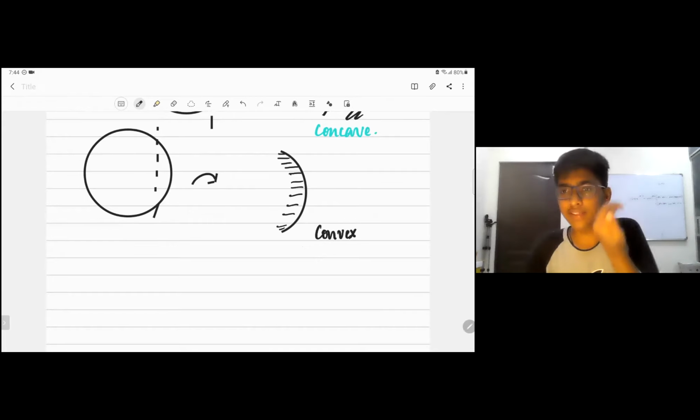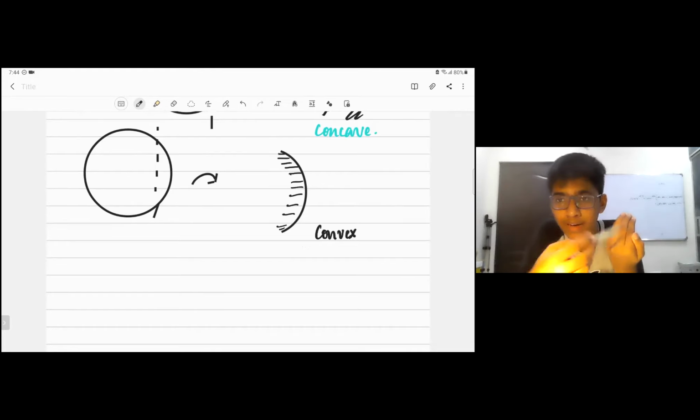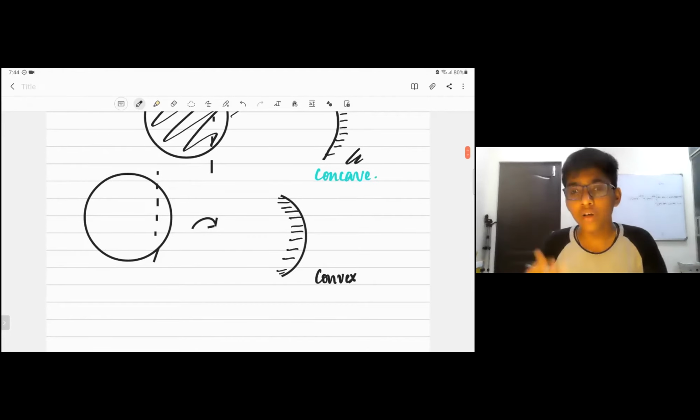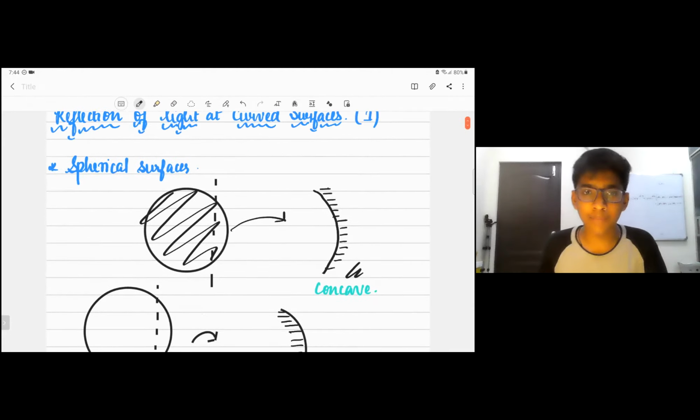In convex, this side is reflecting and the inner side is silvered. So when a light ray comes here, it reflects from this side but not inside. So this is called convex and this is called concave. These are the different types of spherical mirrors.